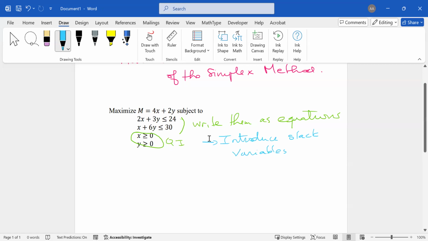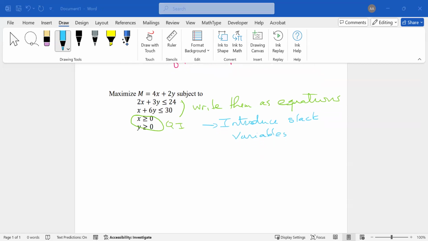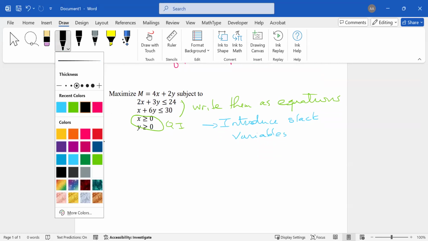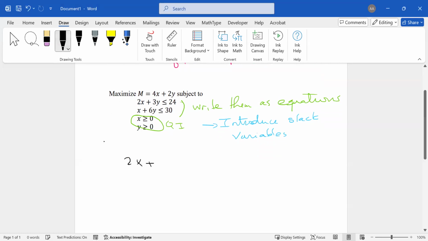So basically, when you say 2x plus 3y is less than or equal to 24, we can say, okay, why is that?